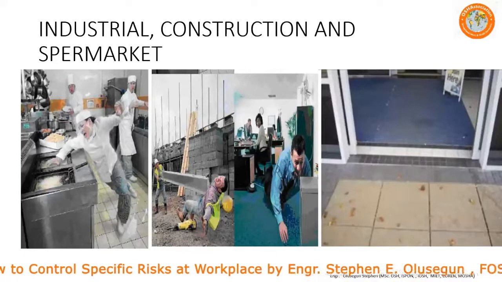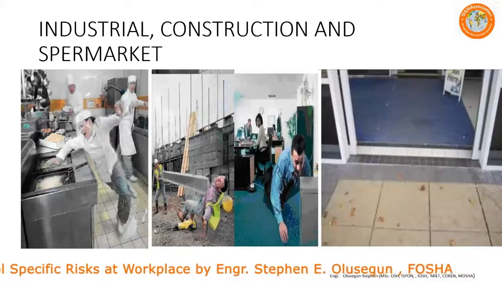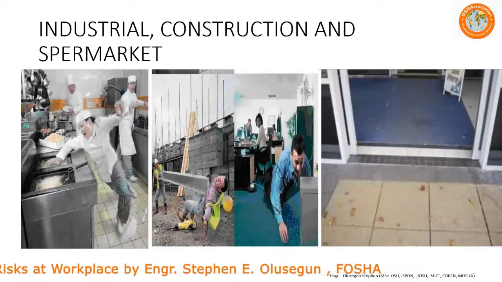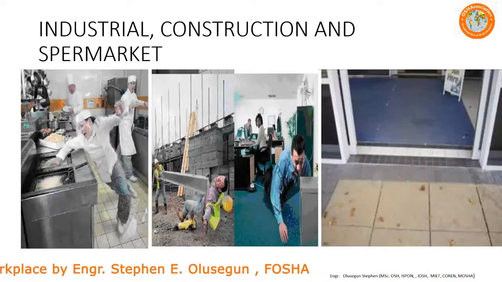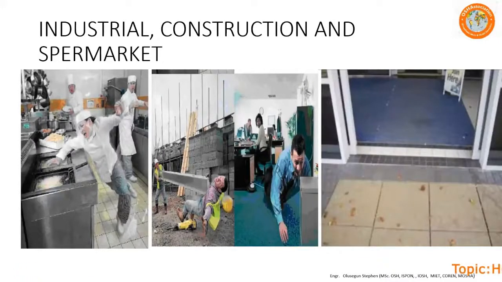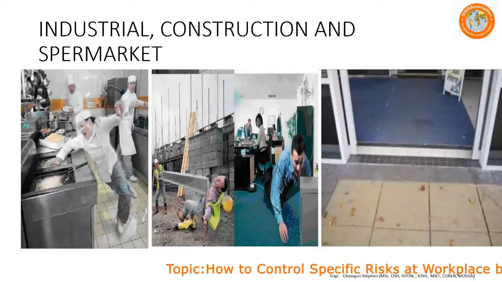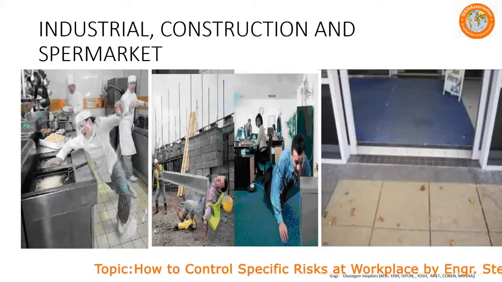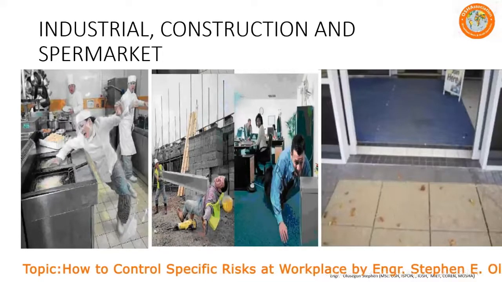And look at this particular one in a construction area. If you look very well, they're carrying this heavy material. And as they're carrying this heavy material, look behind him, there's a tool or an obstacle on the floor. He didn't realize that. This one is a trip. This is a slip. And then in this place, you can see this old man already on the floor, because you can see the floor is wet also.